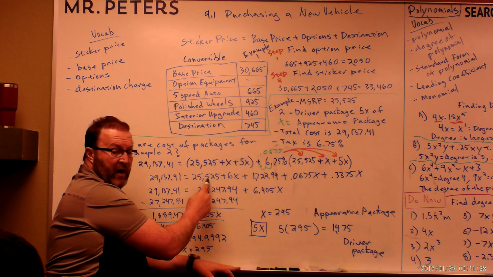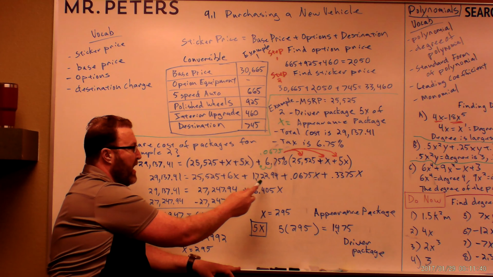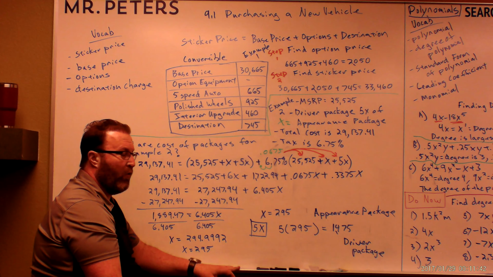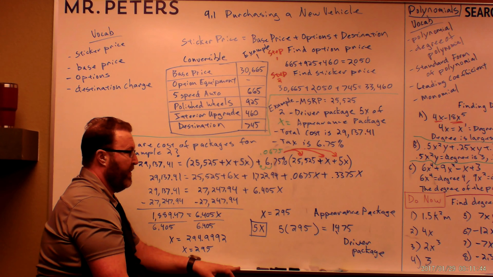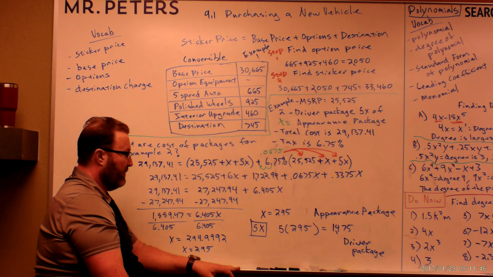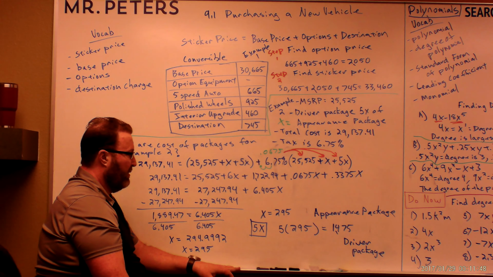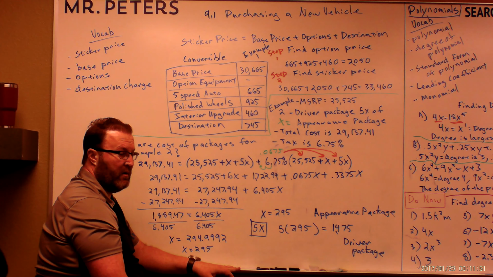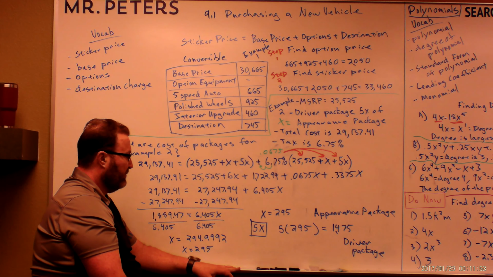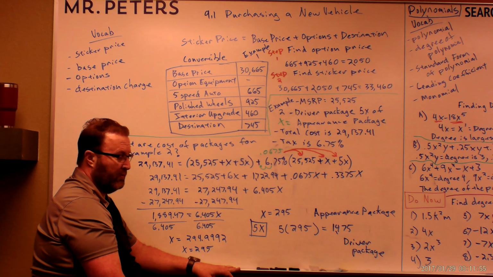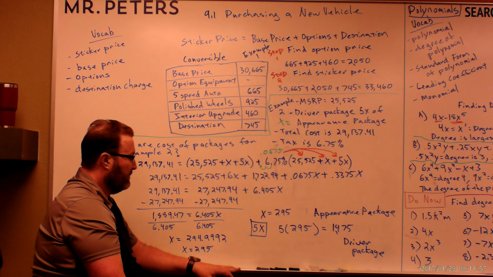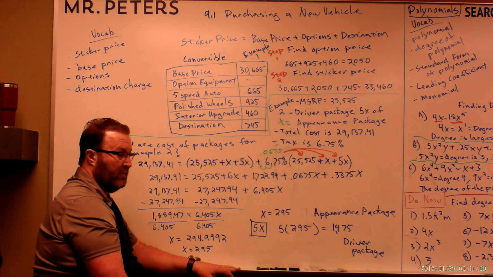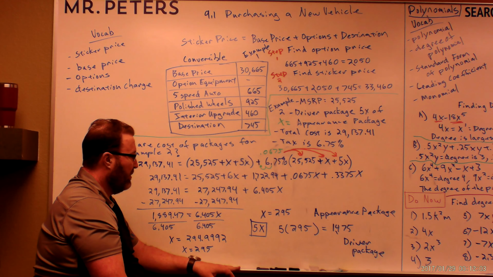Now, do that for me so you guys can see this, please. Take the 25,525 in your calculator and add it to the 1722.94 and tell me what you get. $27,247.94.